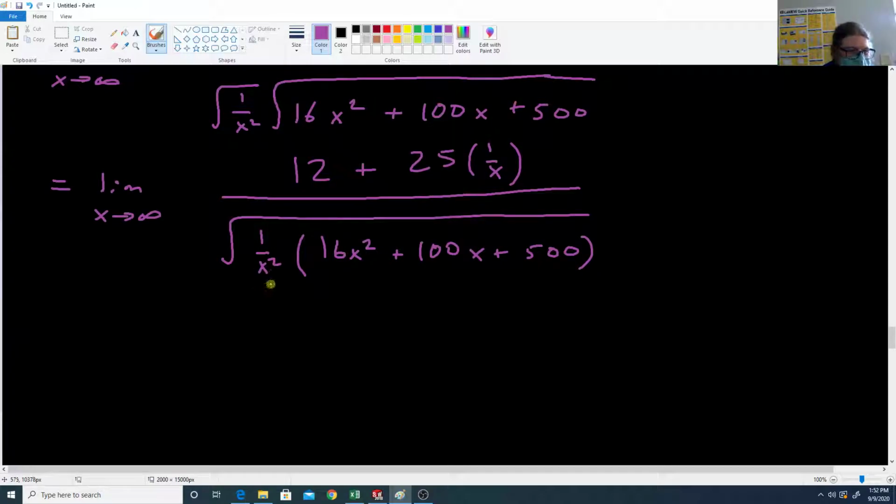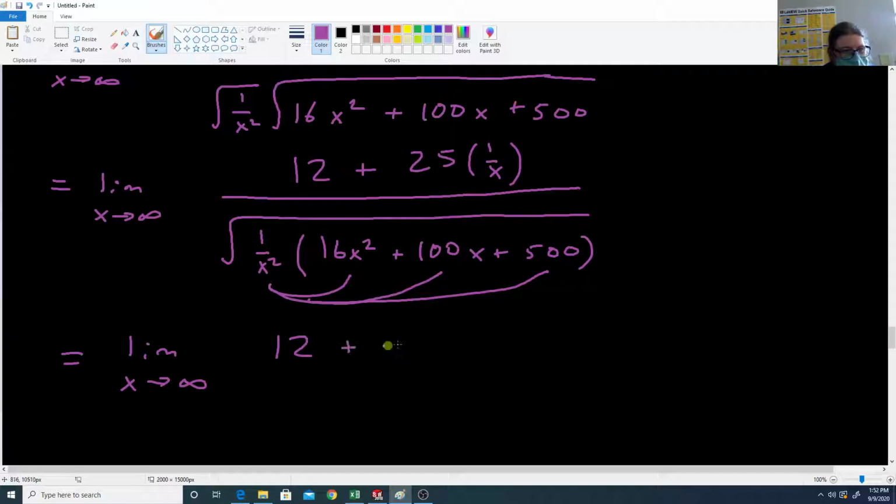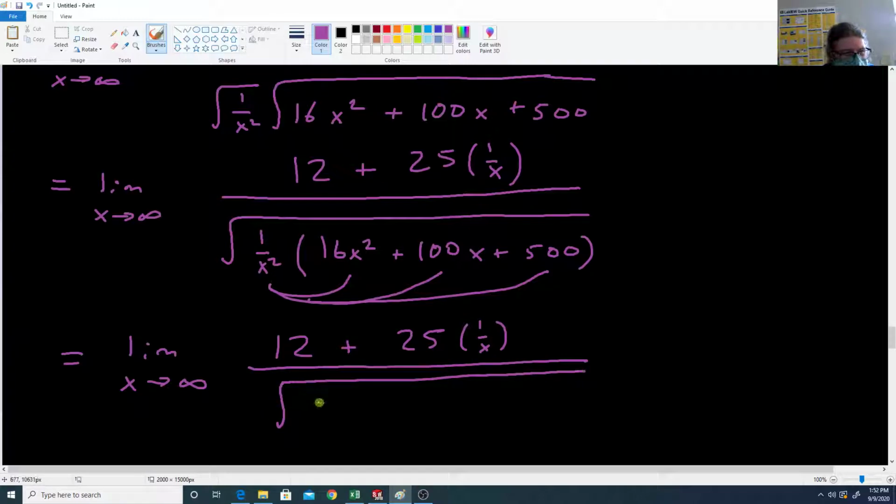Now downstairs, when we distribute the 1 over x squared, we get the limit as x approaches infinity of 12 plus 25 times 1 over x, all over the square root of 16, since x squared over x squared cancels, plus 100, where there's 1x up top and 2x down below, so that's 1 over x, plus 500, where none of the x's cancel, so that's times 1 over x squared.